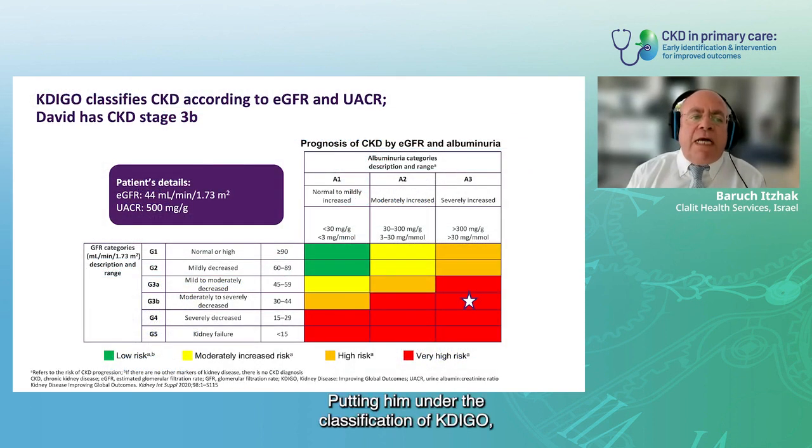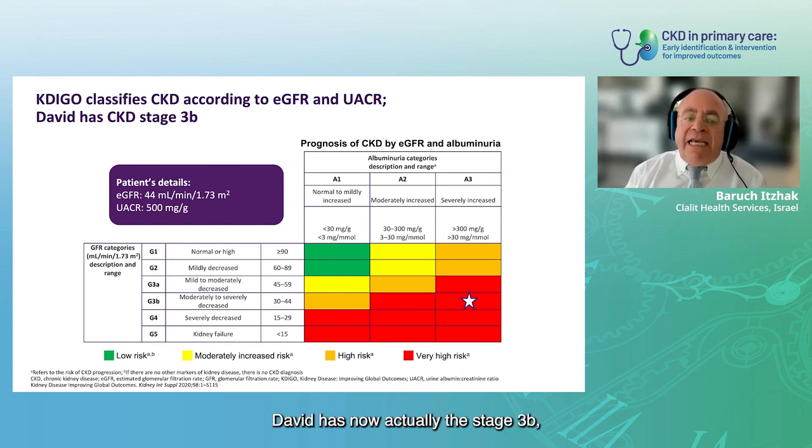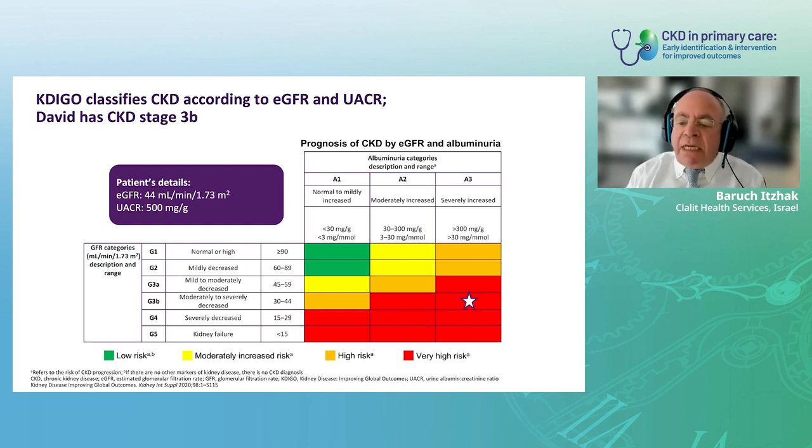So putting him under the KDIGO classification according to eGFR and UACR, David now actually has stage 3B. Putting it into the table on the squares, we can see again eGFR 44 and UACR 500 milligrams per gram.